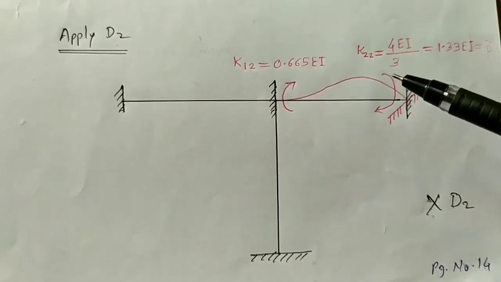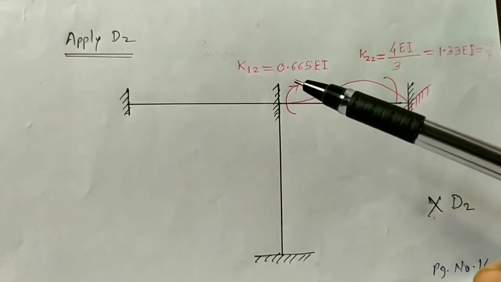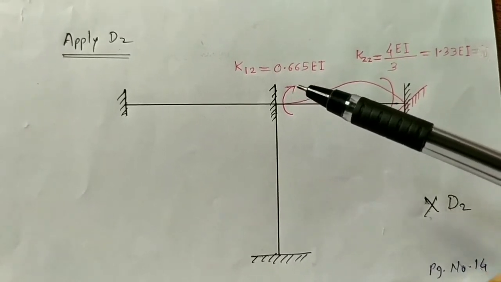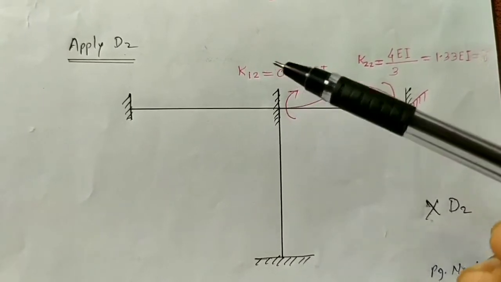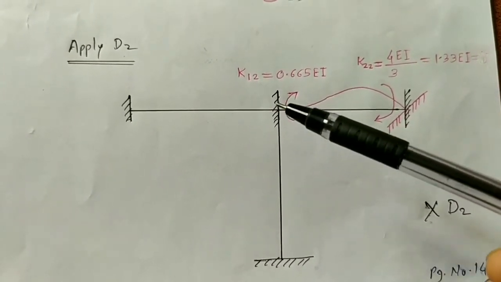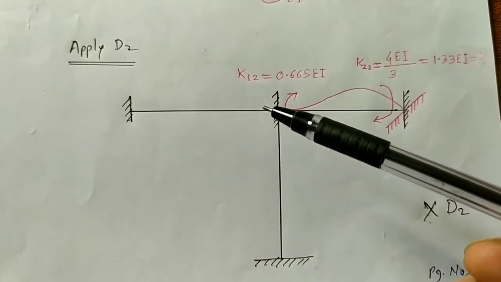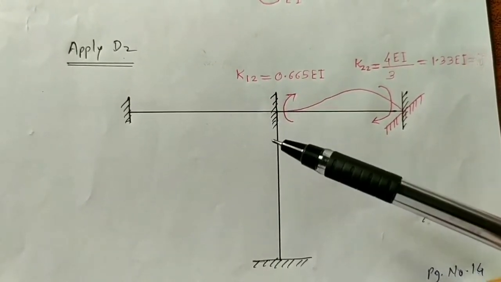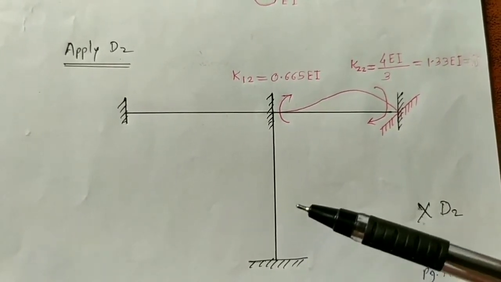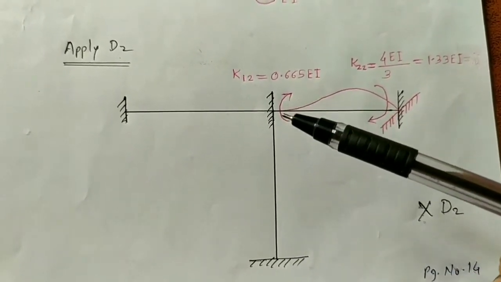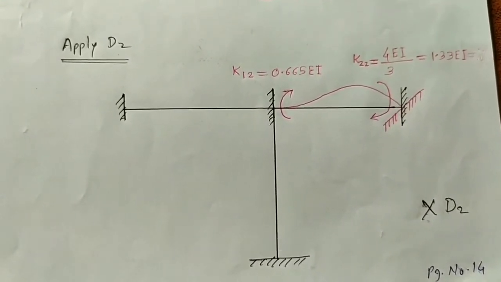This is the moment MCB, and this is the moment MBC. Don't show this moment on this side or this side. If you show the curve on this side, it will mean that this is MBA. If you show the curve on this side, it will mean that this is MBD. So show the moment over this side because only BC is getting affected.